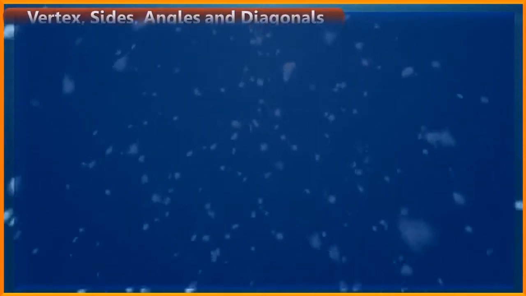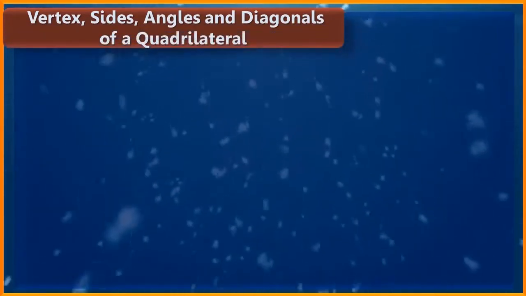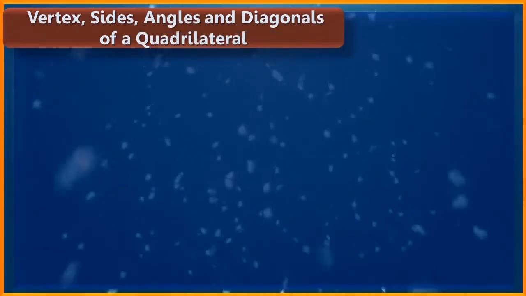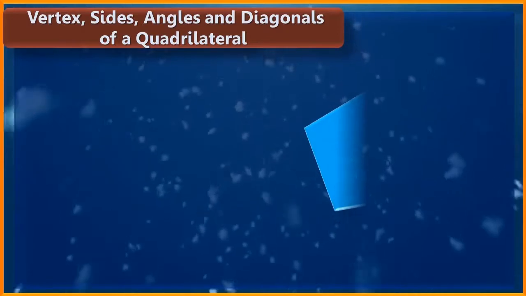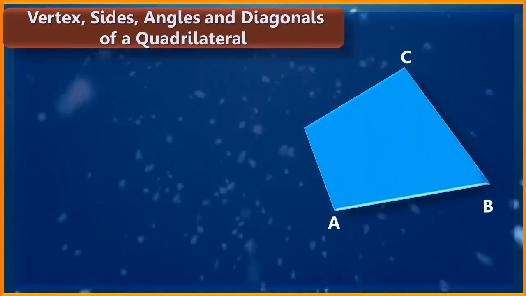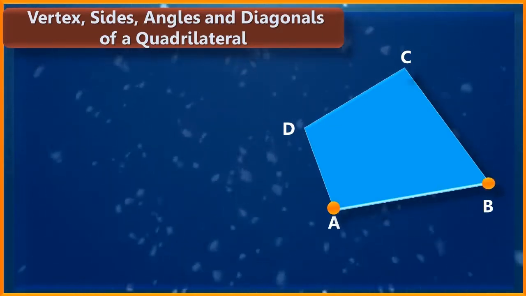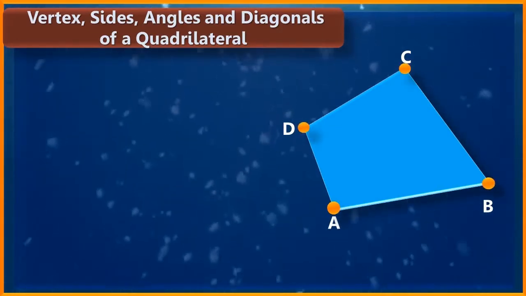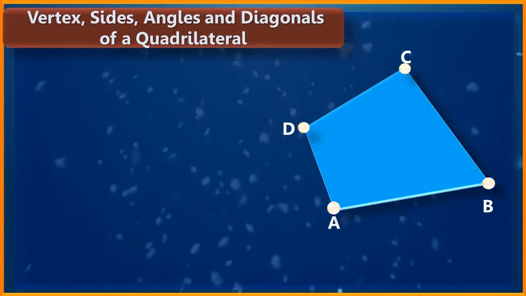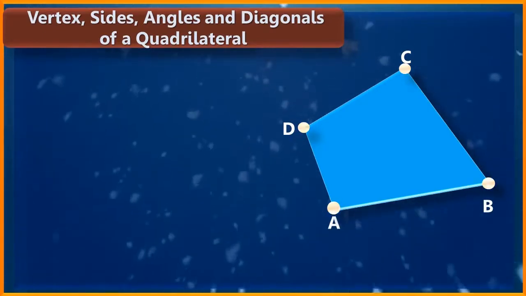Vertex, sides, angles, and diagonals of a quadrilateral. Suppose we have a quadrilateral ABCD. The point where the line segments meet is called a vertex. The points A, B, C, and D are the vertices of the quadrilateral ABCD.